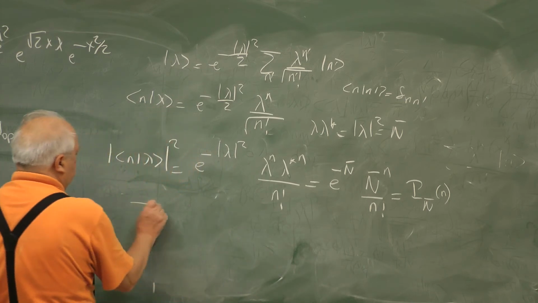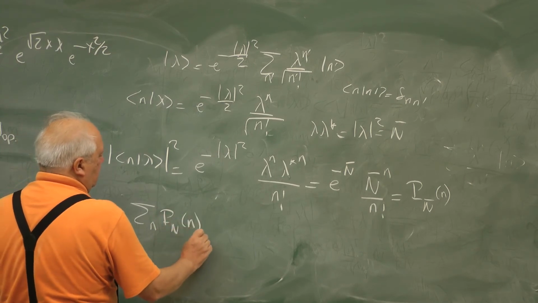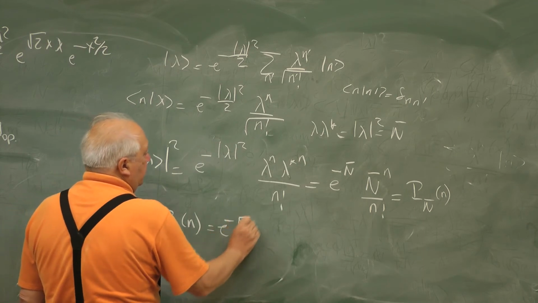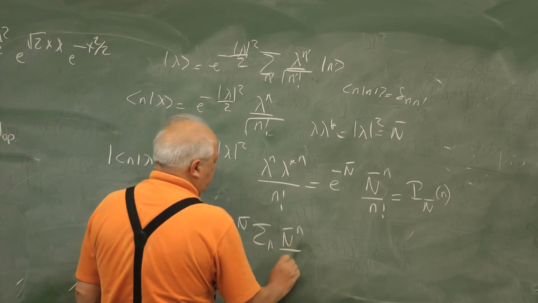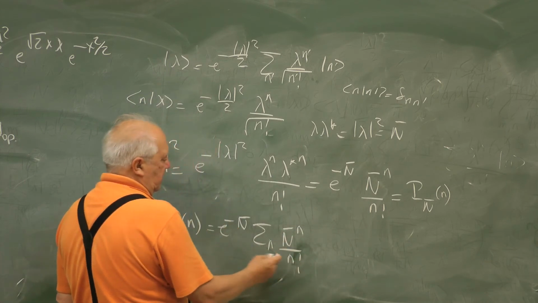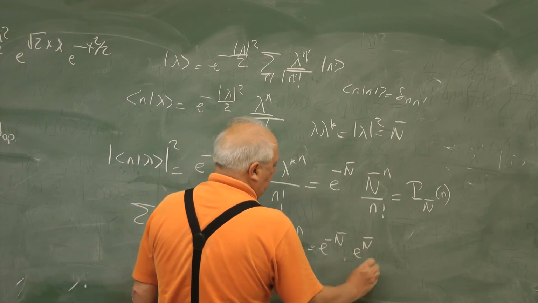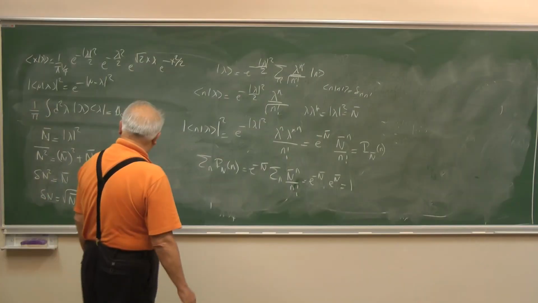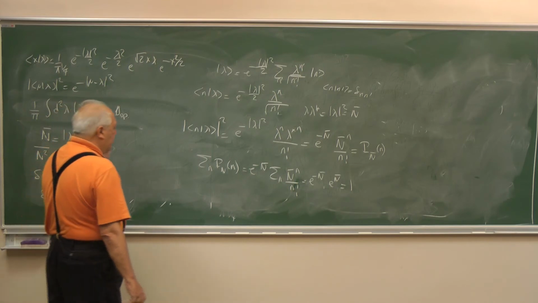Let's check, for example, that the sum over n of P n should be 1. This is e to the minus n bar, and if you sum over n, this is n bar to the n over n factorial. This is just e to the n bar, so e to the minus n bar times e to the n bar is 1. So the probability is properly normalized. All right.